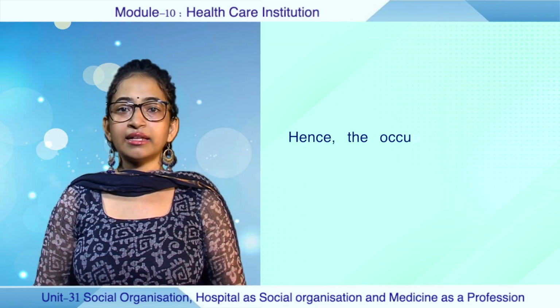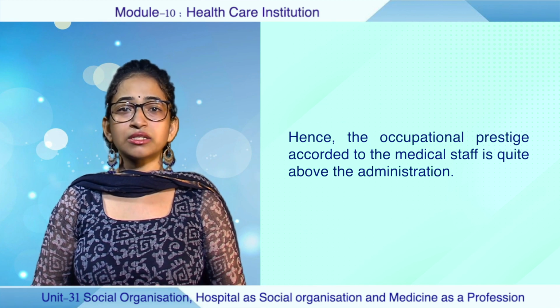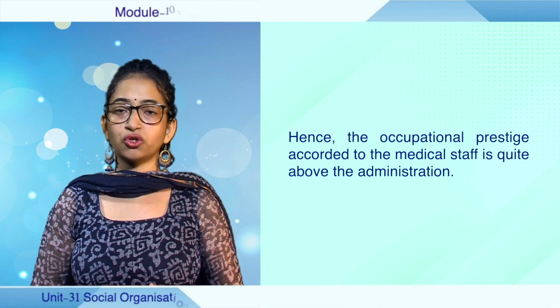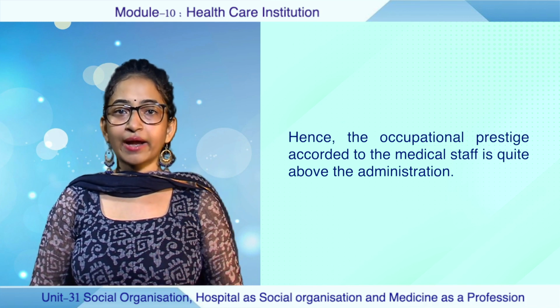It has been argued that without proper medical assistance, a hospital is just like a hotel for sick people. It is only with proper medical care and diagnosis that hospitals tend to perform their major functions of providing health care. Hence, the occupational prestige accorded to the medical staff is quite above the administration, though administration is at the top in the structure of hierarchy.